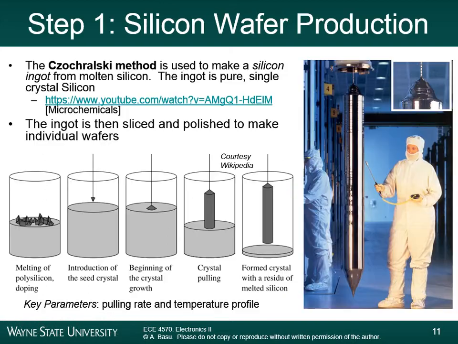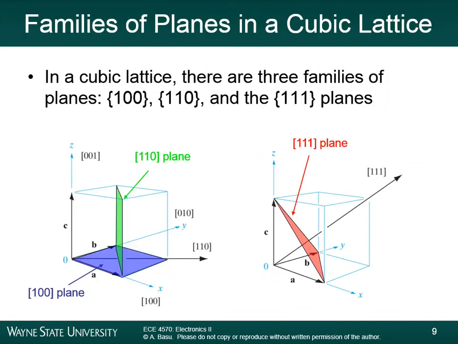Now if we go back to this slide here, if you recall, imagine crystalline silicon as a three-dimensional volume. The ingot is a three-dimensional volume, and when you slice that ingot, the angle at which you're slicing will determine what face of the crystal is exposed.